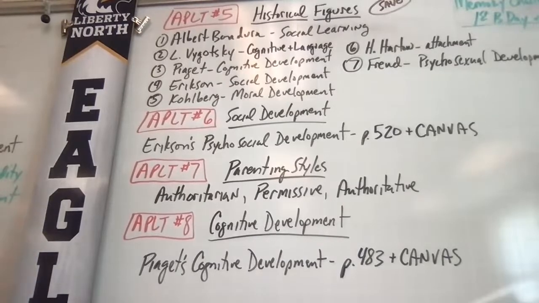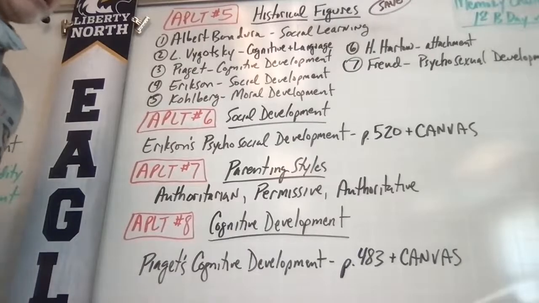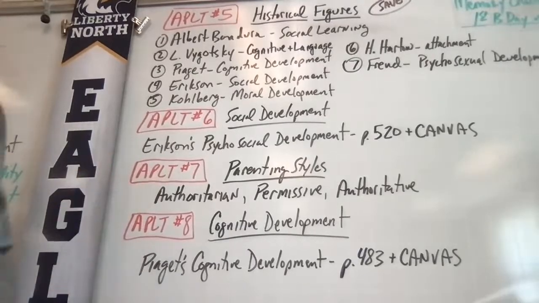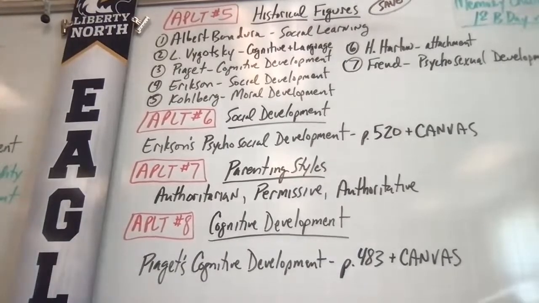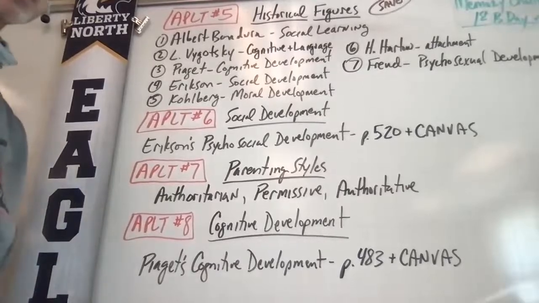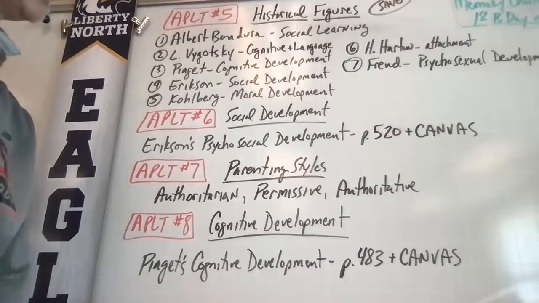Each stage is a conflict that we must resolve. The interesting thing about Erikson's stages is that the conflict can be resolved good or bad, and you're moving on. The very first one is developing basic trust, which sets the foundation for you to be able to socialize and develop socially.